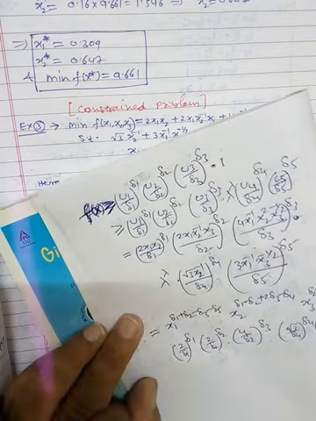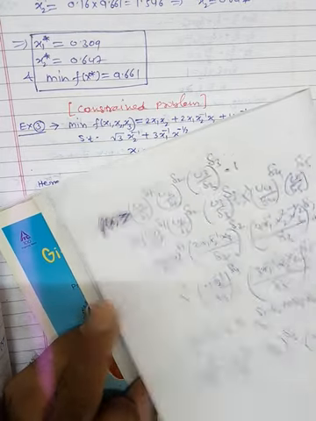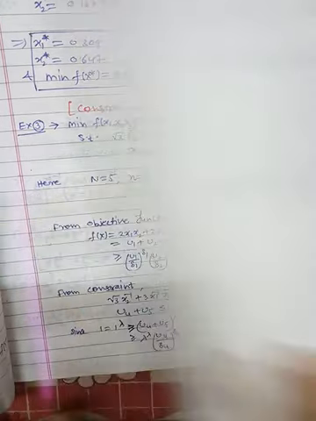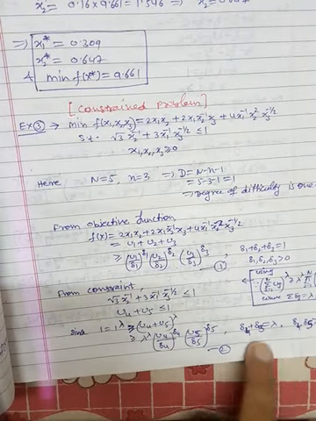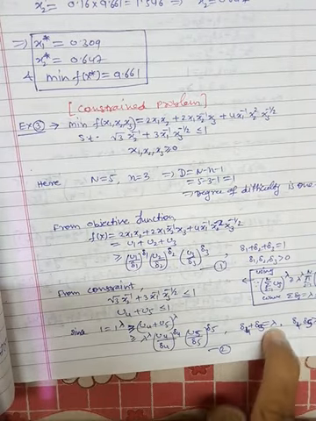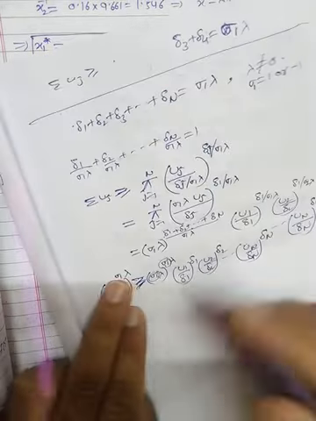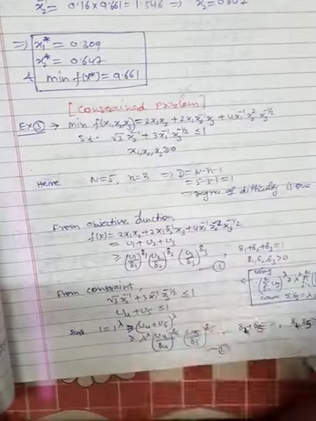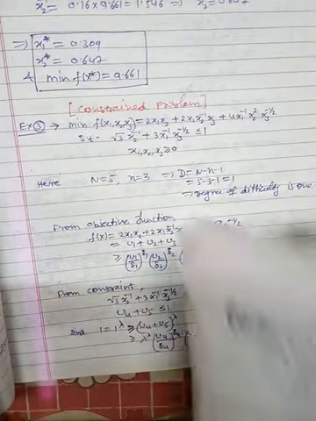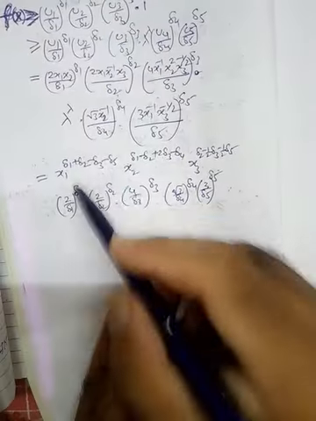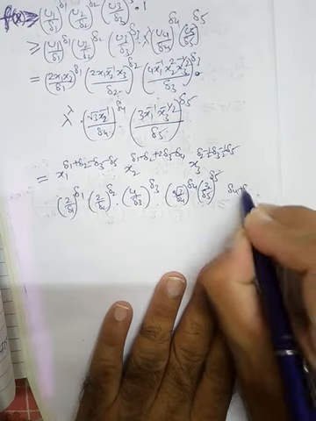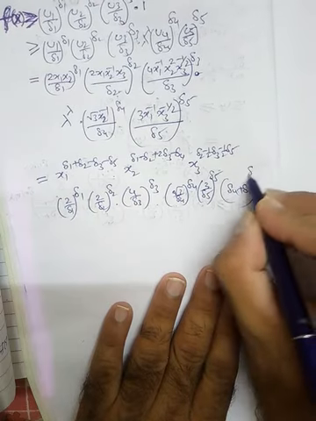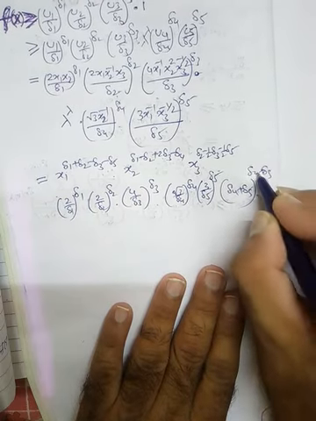But what is lambda? Lambda is this. Delta 4 plus delta 5 is lambda. So we can replace this lambda raised to the power lambda by delta 4 plus delta 5 raised to the power delta 4 plus delta 5.